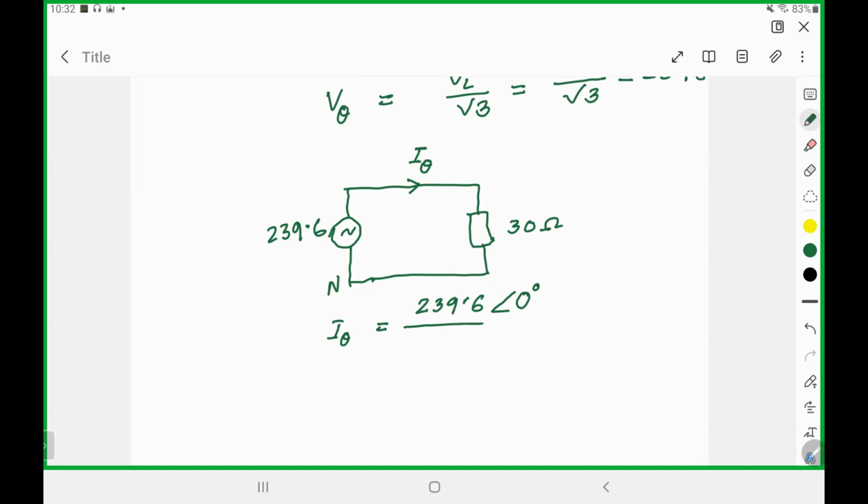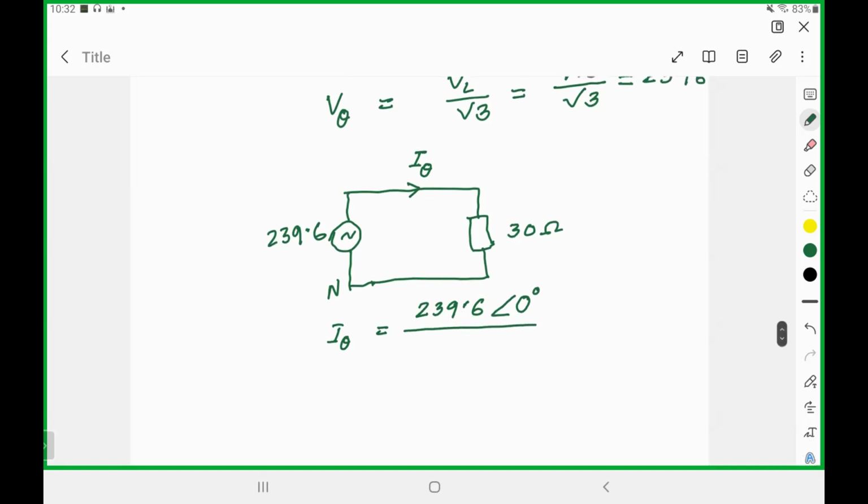Then this one divided by the resistance. Resistance, if you remember, when we drew the impedance triangle, the resistance was always on the horizontal line. And then my X was either in the upward direction or the downward direction, depending on the capacitance and inductance value.